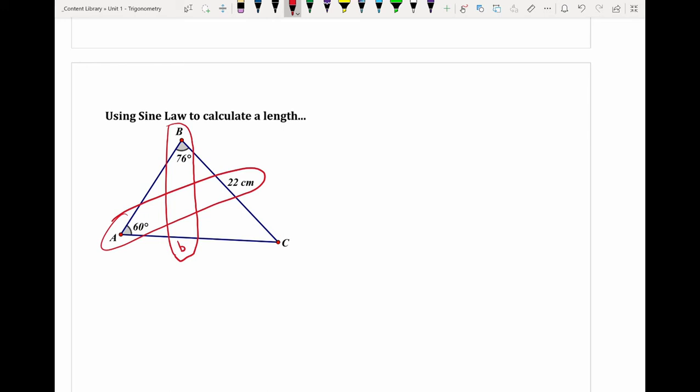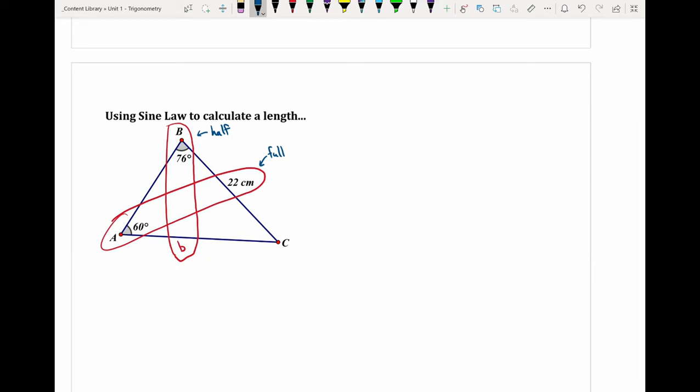So I'll mark that off: this one here is full, and this one here is half. That's what I mean when I say a full pair and half a pair.